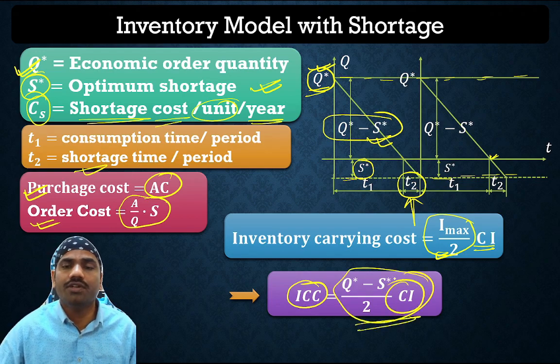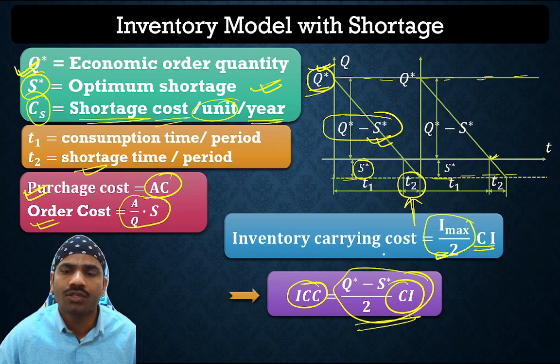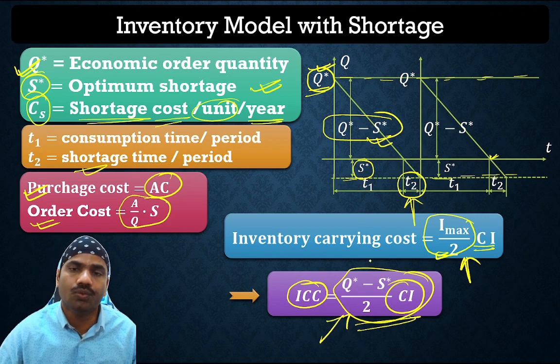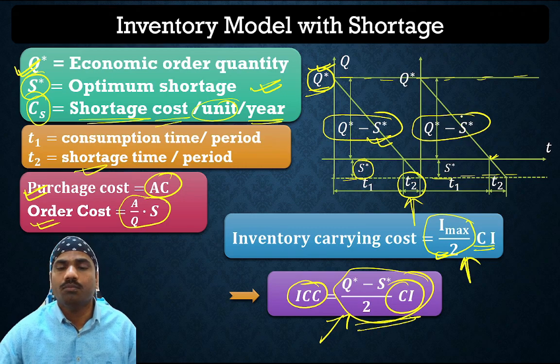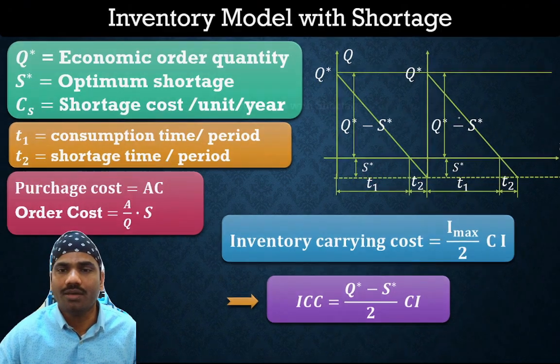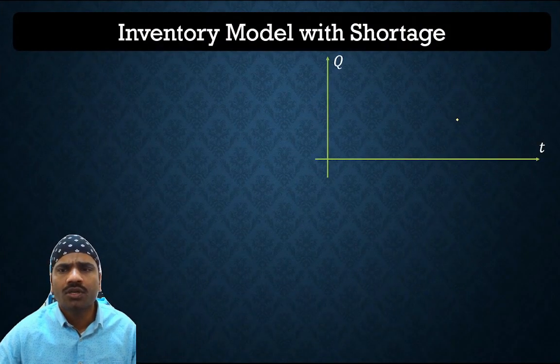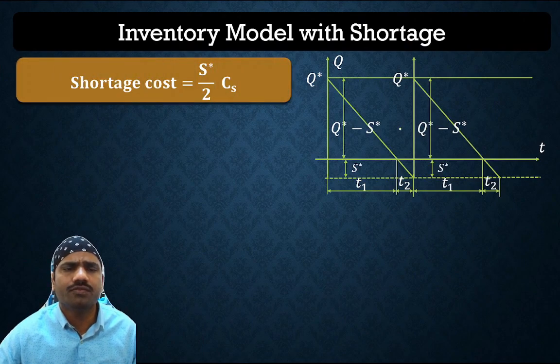So this CI is the inventory carrying cost per unit, and the quantity we are getting from I max by 2 is Q star minus S star by 2. This value will give you the average inventory. Again we will find the shortage cost.